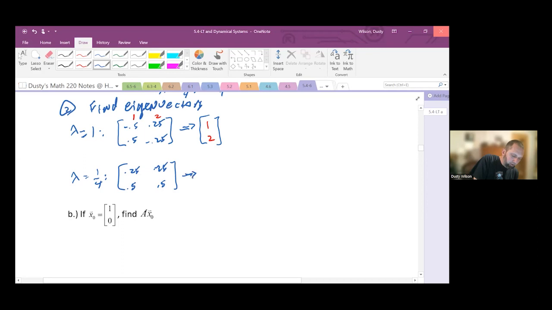Here we notice that if we had negative 1 of the first column and 1 of the second column, then the linear combination would add to 0. So that tells us that our second eigenvector is (negative 1, 1). Notice that I was able to find the kernel just by inspection in these particular cases.